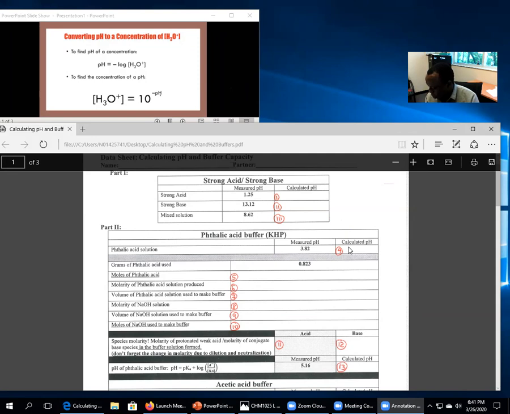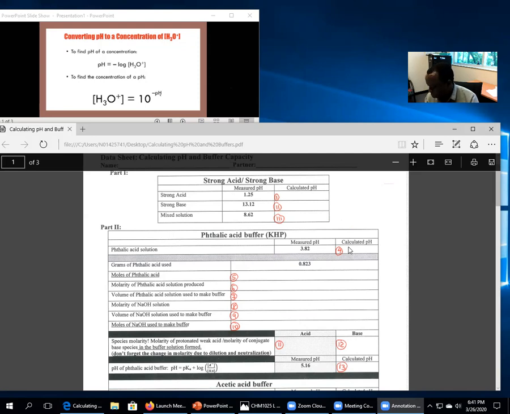If you look at the number of moles, to make a buffer solution, they added NaOH, 0.1 molar, 0.1 molar.